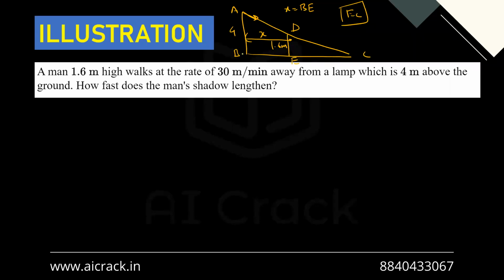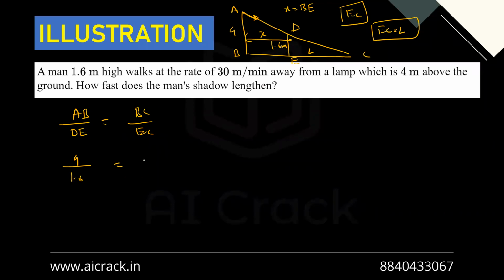We know that we can form two similar triangles over here, ABC and DEC, right? So AB upon DE, that would be BC upon EC, right? This is the equation. Let's say EC equals L. Now AB is 4 and DE is 1.6.